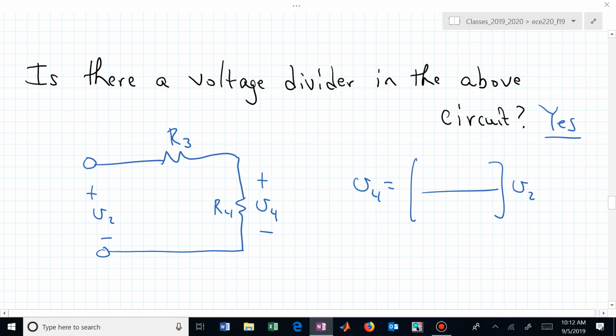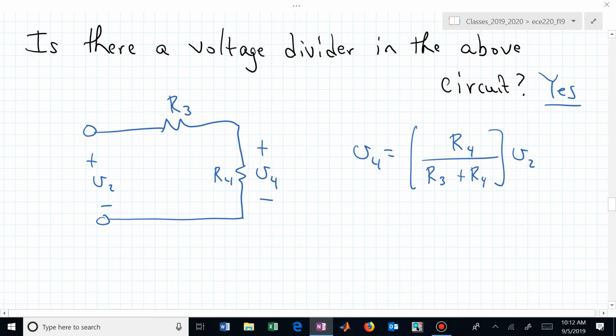What's in the denominator? What's the total impedance if V sub 2 is sitting there? And what are we measuring, or what's Ohm's law? It's R4 times that current through R4.